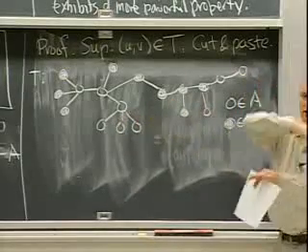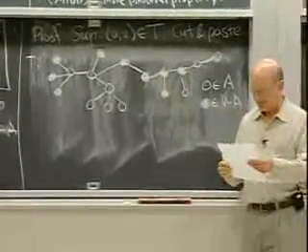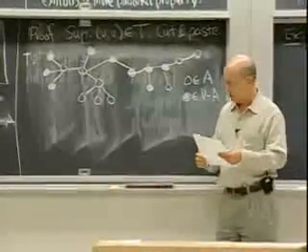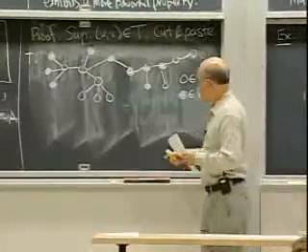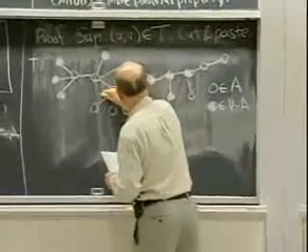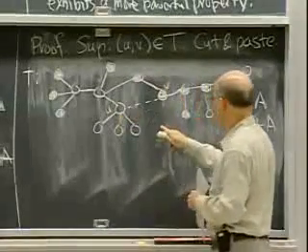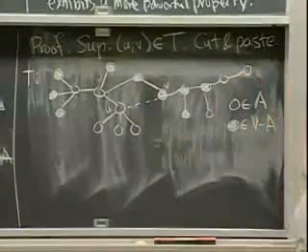Once again, I'm not showing the overall edges of all the graphs, but they're there. So my edge UV, which is not in my minimum spanning tree, I'm saying, let's say, is this edge here. It's an edge from U. U is in A. V is in V minus A.